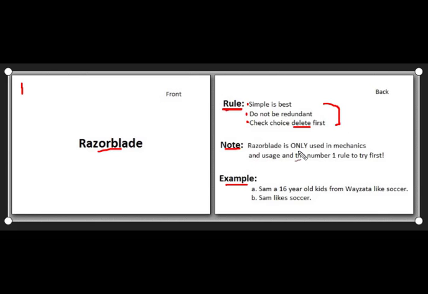Razor blade is only used for mechanics and usage, and it's the number 1 rule, so try it first. Here's an example. Answer choice A and answer choice B. Which one is better in mechanics and usage? Sam, a 16-year-old kid from Wayzata, likes soccer, or Sam likes soccer. Boom. Razor blade, simple is best, just with the noun and the verb.